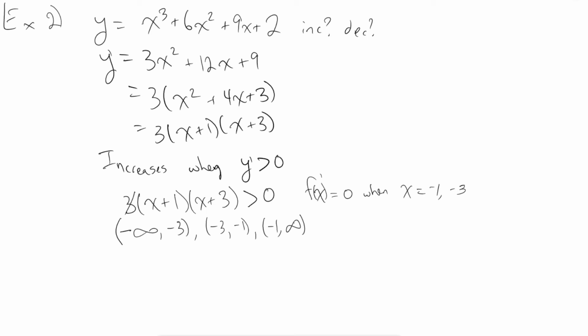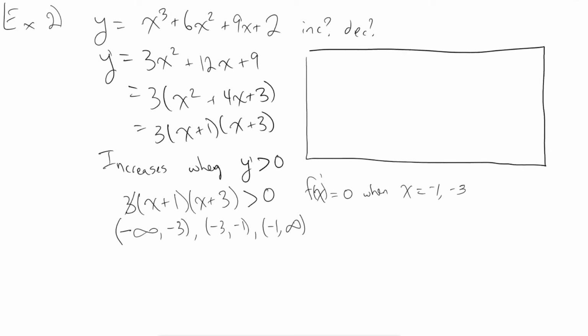So we are going to make ourselves a nice little table. If we're doing this by hand, we're going to make a nice little table right here. And put our intervals. The interval, we're going to solve for our two equations, or I guess 3 equations if we include f of x.